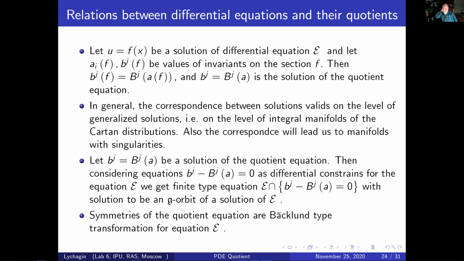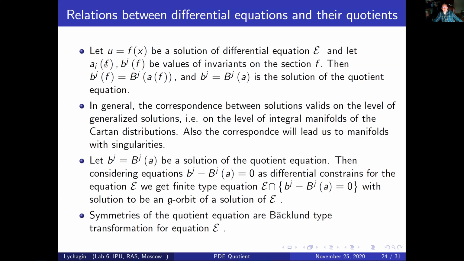Now a few remarks about relations between our original equations and the quotients. The first is how to construct a solution of the quotient equation if you know a solution of the original equation. We take, say, u equals f(x) as a solution of your differential equation.